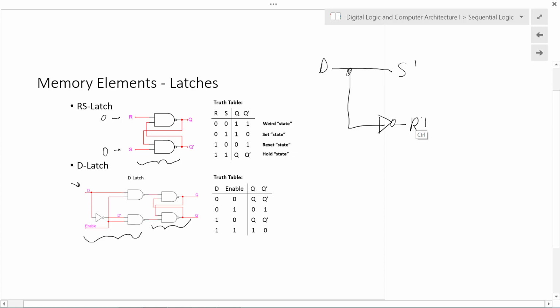Let's come to the hold state in just a moment, but if we wish to set or reset, we could say this is 0 and this is 1, or this is 1 and this is 0, and it will set or reset the latch very quickly. However, if D changes, then the latch is going to change immediately. So to fix that, what we're going to do is add another set of AND gates here.